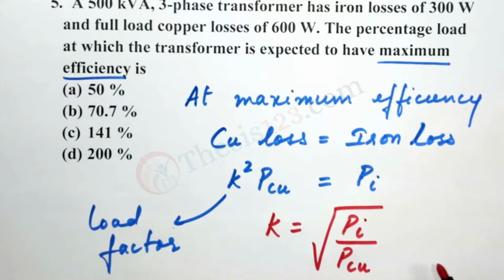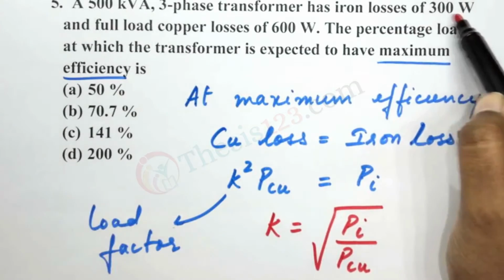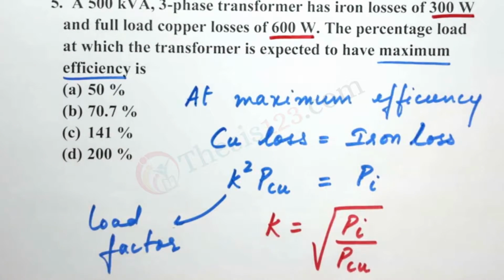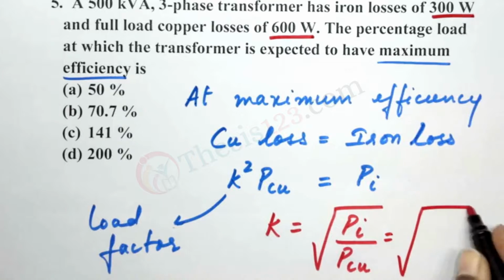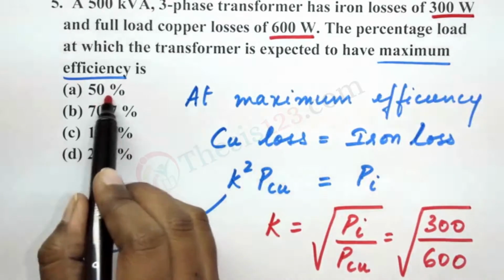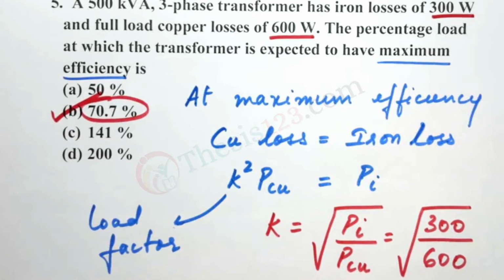Iron loss is 300 watts, copper loss is 600 watts. So that would be root of 300 divided by 600, which when solved gives us 0.707. Now 0.707 in terms of percentage would be 70.7%. So here the right answer is B.